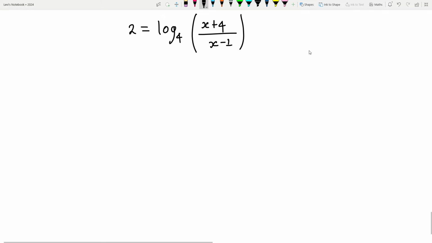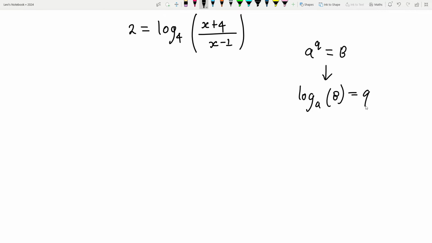If you recall this rule, a to the q equaling b, you can rewrite that as log base a of b equaling q. We can just do the reverse. You can see in our example, this represents our a in both of them, this huge algebraic expression represents our b, and this represents our power, our q.